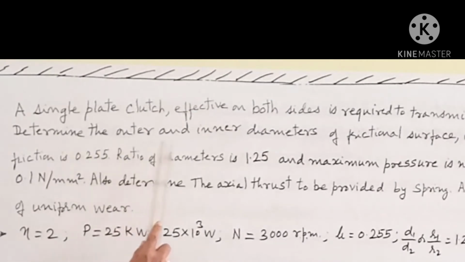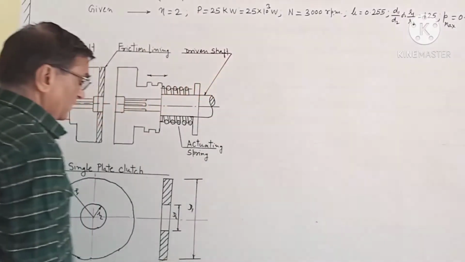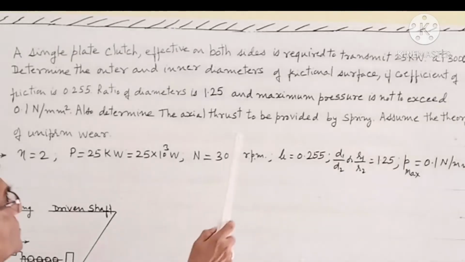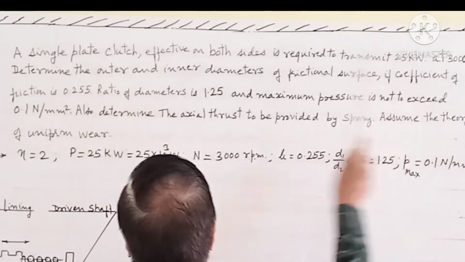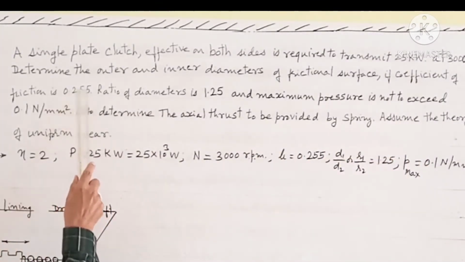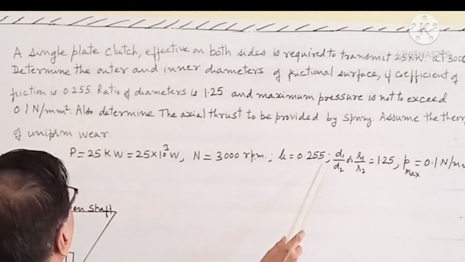Determine the outer and inner diameters of frictional surface, means D1 and D2. If coefficient of friction is 0.255, mu is equal to 0.255.